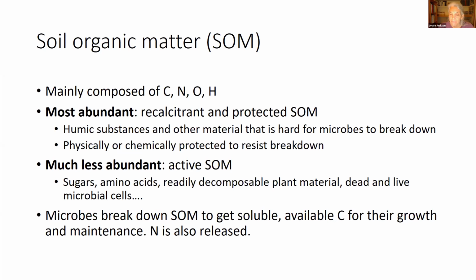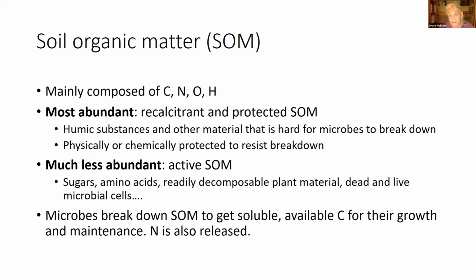But much less abundant is what we'd call active soil organic matter: sugars, amino acids, very readily decomposable plant material, dead and live microbial cells. And the importance of emphasizing this is that this is mainly what gets into the nitrogen cycle.